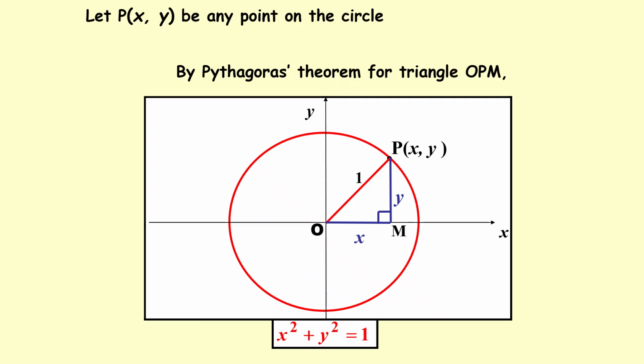To do that, we're going to construct a right-angled triangle, which has a base of x and a height of y. And you can use Pythagoras to create a formula, because you know from a right angle triangle, if you square x and square y, add them together, you get the hypotenuse squared, so 1 squared.